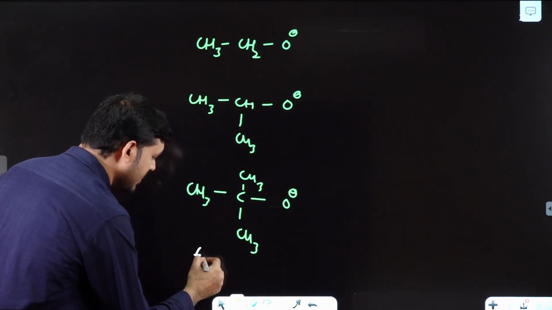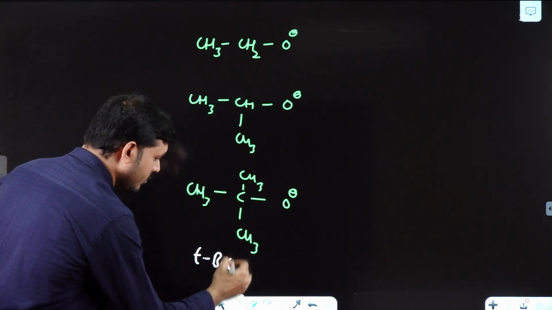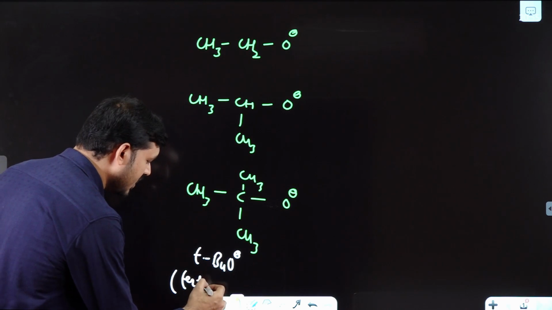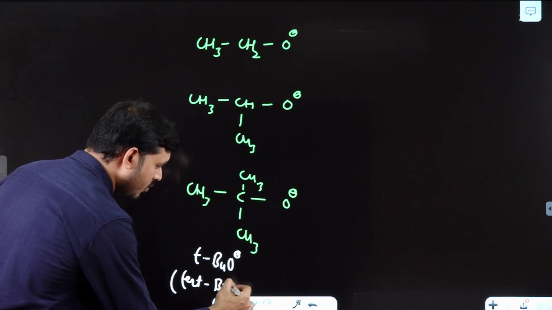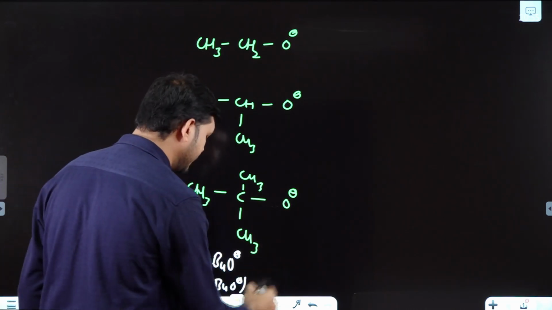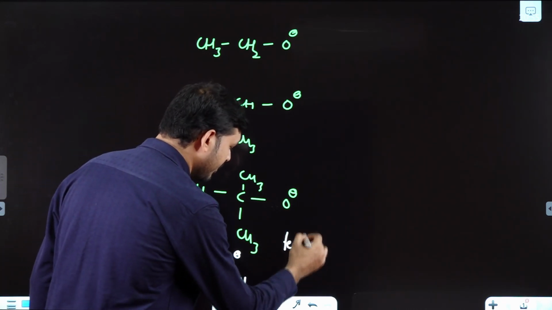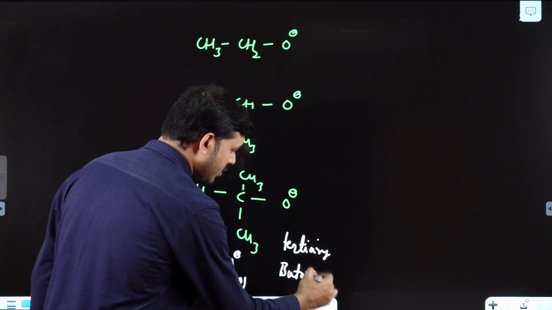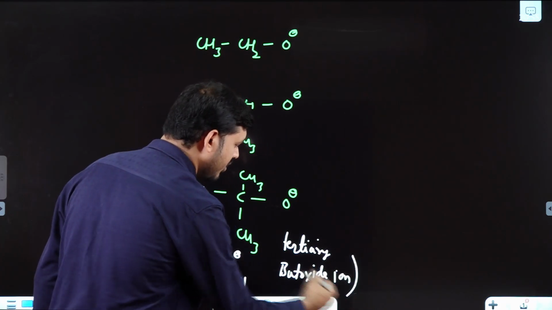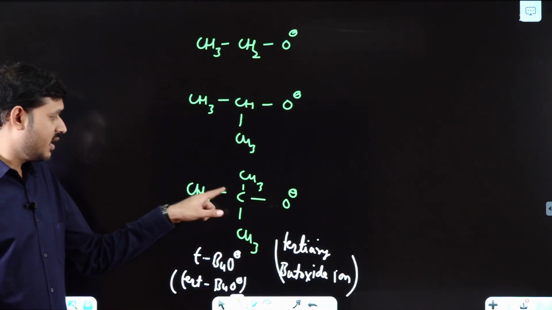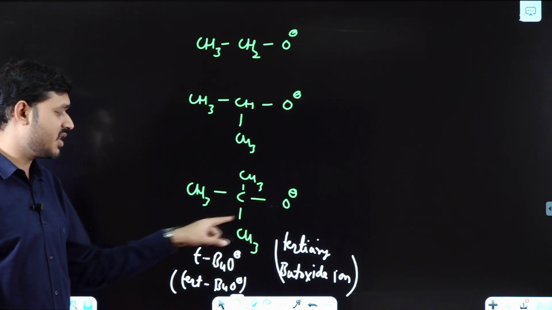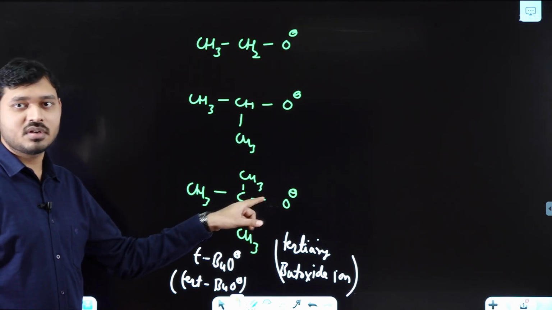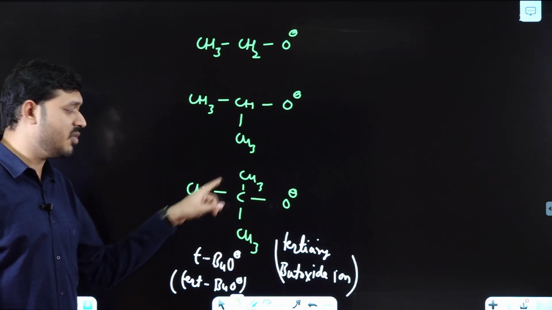It is represented as tBuO minus, sometimes tert-BuO minus. This is the tertiary butoxide ion. This carbon has three methyls, so it is tertiary butyl, connected with OH, H is removed, O minus, so tertiary butoxide ion.